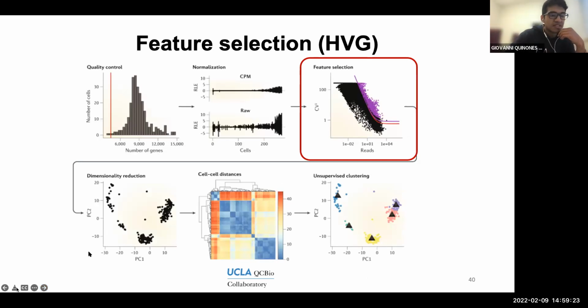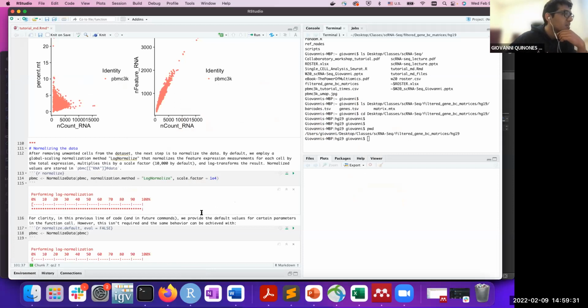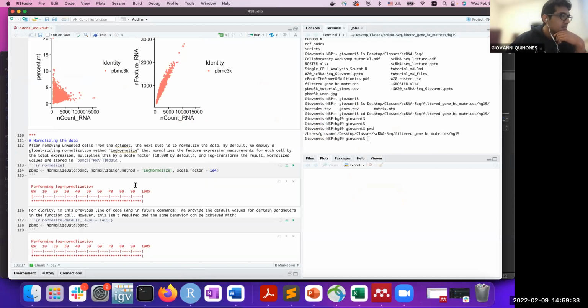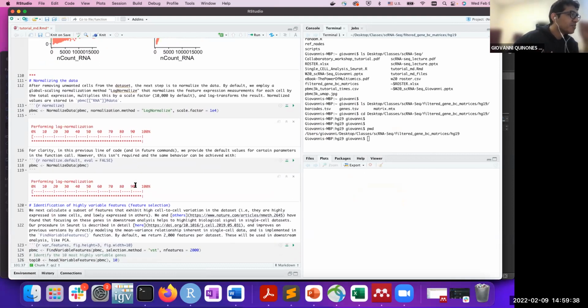Okay, so before moving to the next section of the data analysis, we jump back to our code and we will normalize our data. Like I mentioned before, the good thing about these packages is that everything is already implemented and sometimes it's very easy.